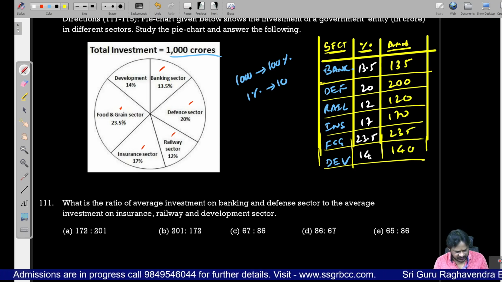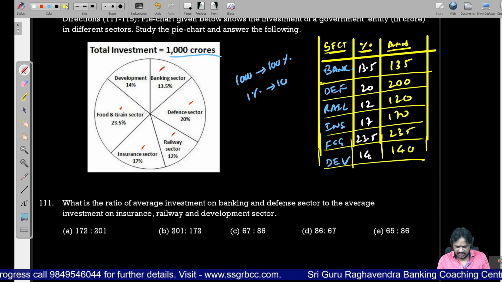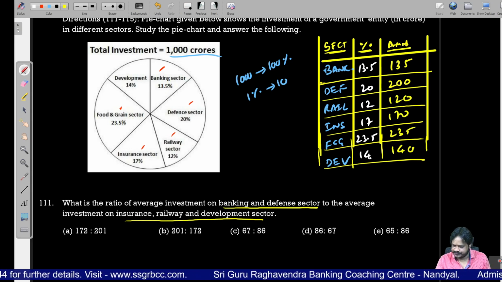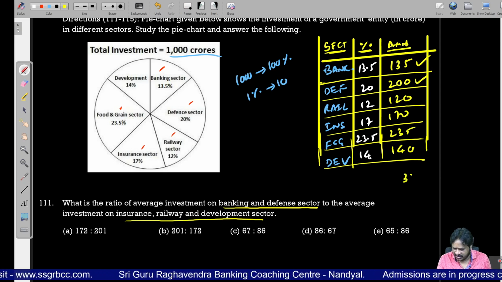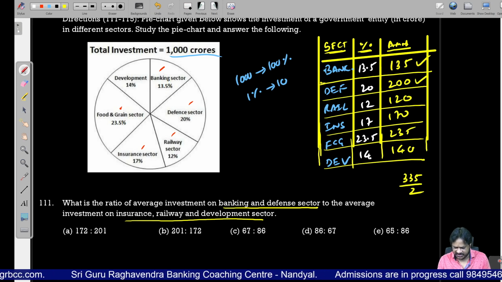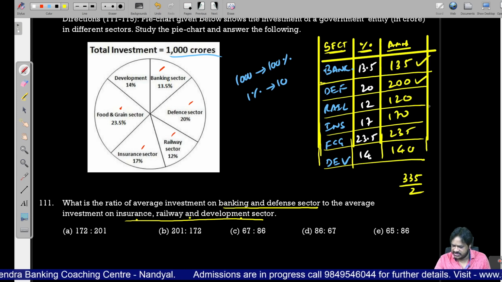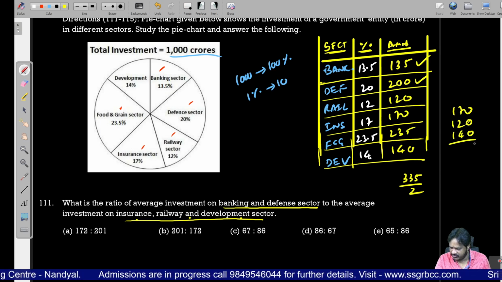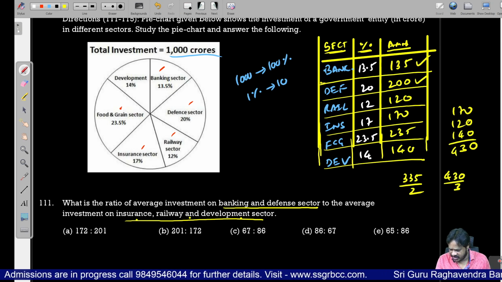What is the ratio of the average investment on banking and defense together to the average investment on insurance, railway and development? First, banking and defense: banking is 135, defense is 200, total 335, divided by 2 for the average. Then insurance 170, railways 120, development 140, so the total is 430, and the average is 430 by 3.